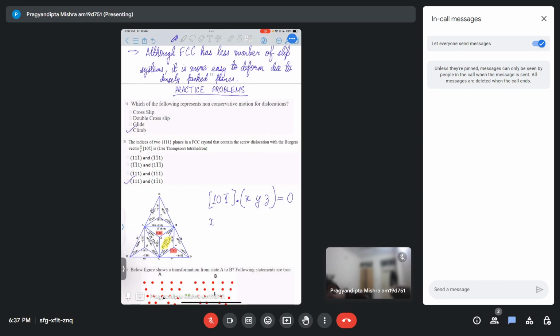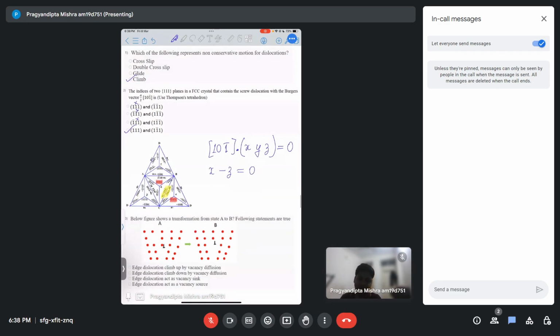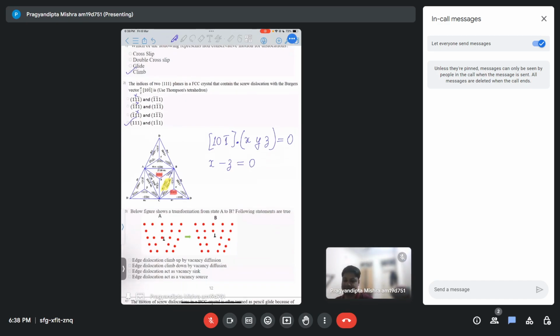So x minus z should be equal to 0. In which cases is x minus z 0? The first option is wrong. The second option is again wrong. The third is also wrong. So the only option left is the fourth one, which is the correct one. You can see x minus z will be 0 in both cases.